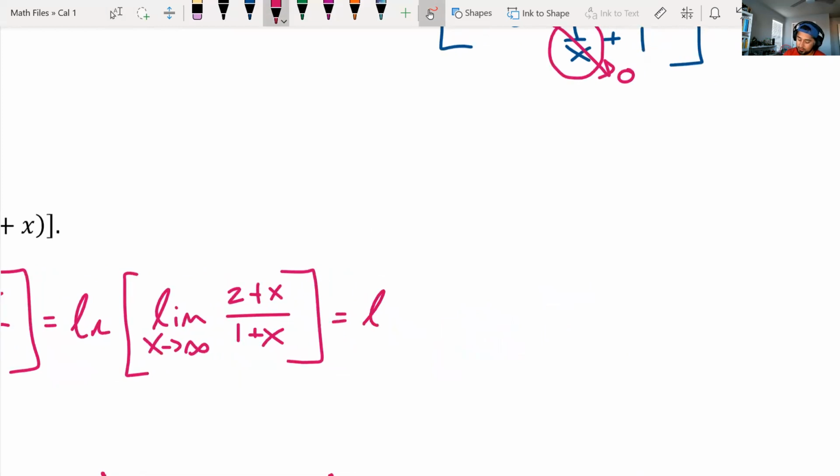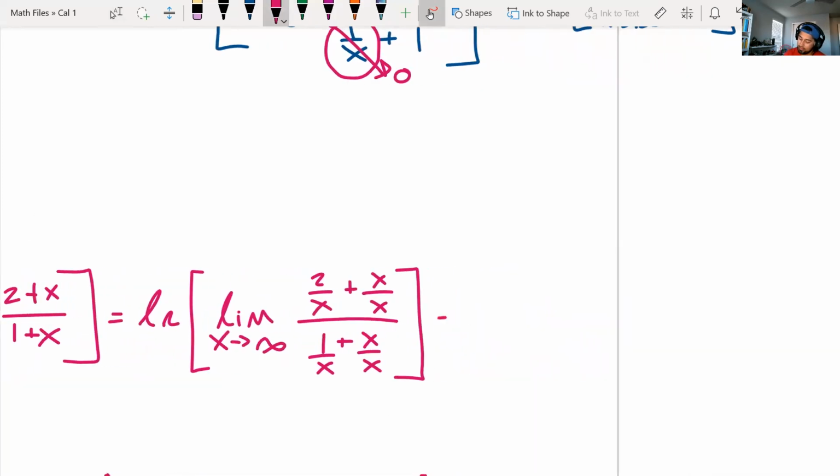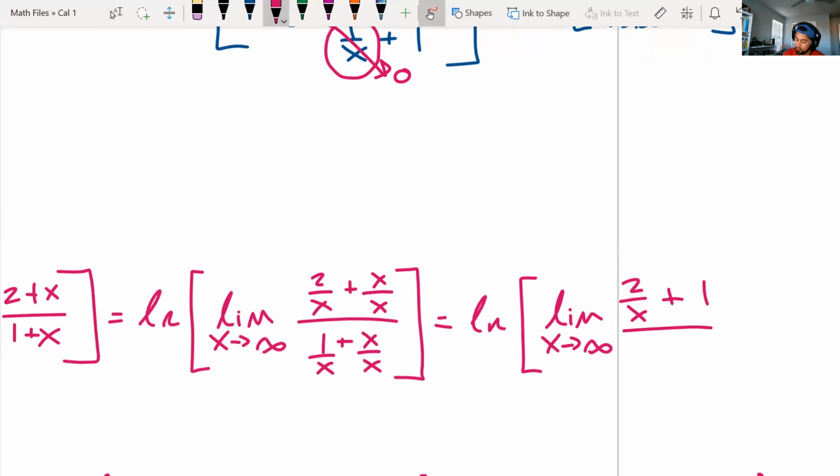X. So you get the limit as x approaches infinity of 2 over x plus x over x over 1 plus 1 over x plus x over x. Simplify. And we get the limit as x approaches infinity of 2 over x plus 1 over 1 over x plus 1.